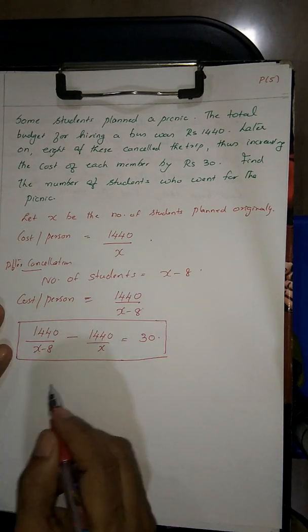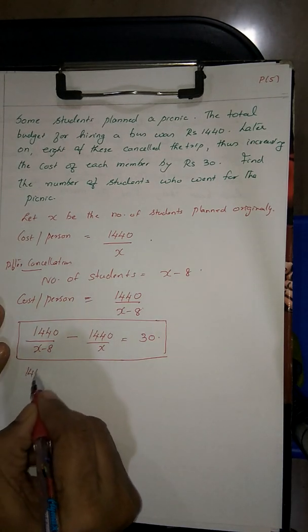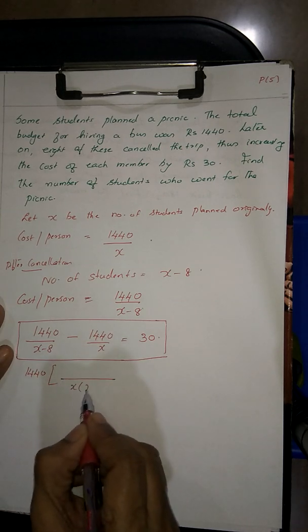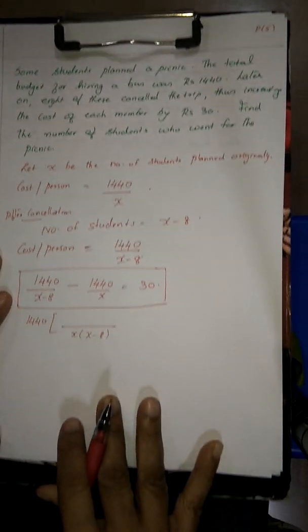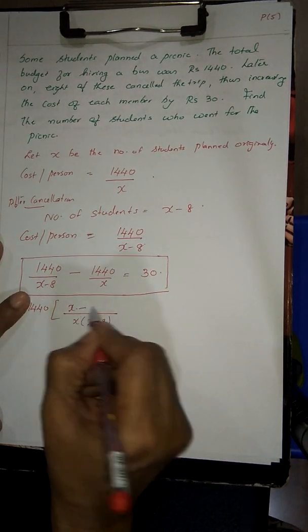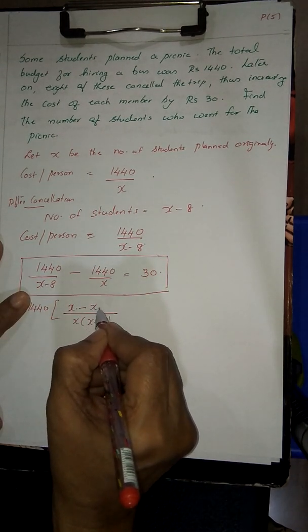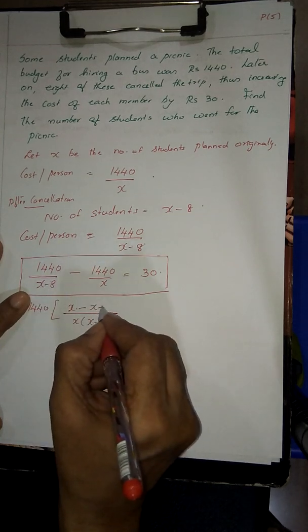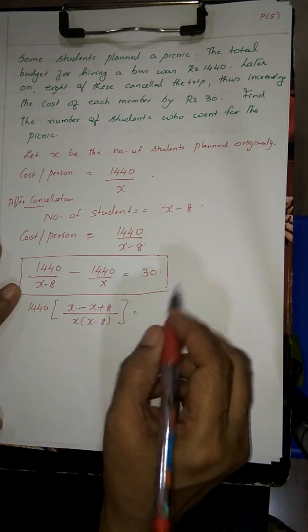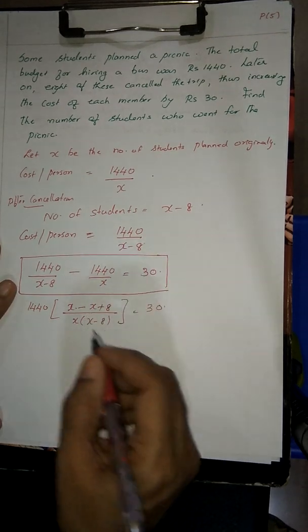Now we will simplify this. 1440 can be taken out, and x into x minus 8 is the LCM. Then we take x minus of x minus 8, that will become x plus 8, is equal to 30.